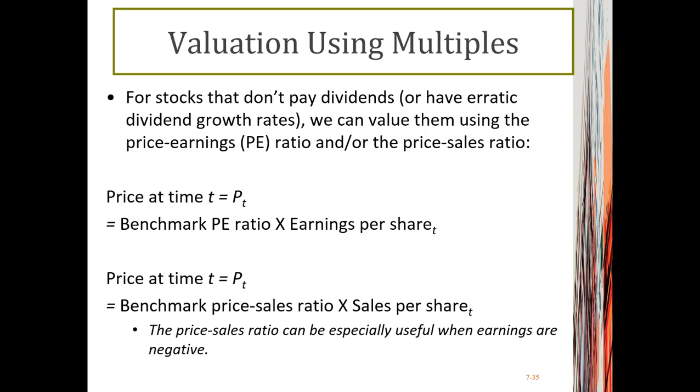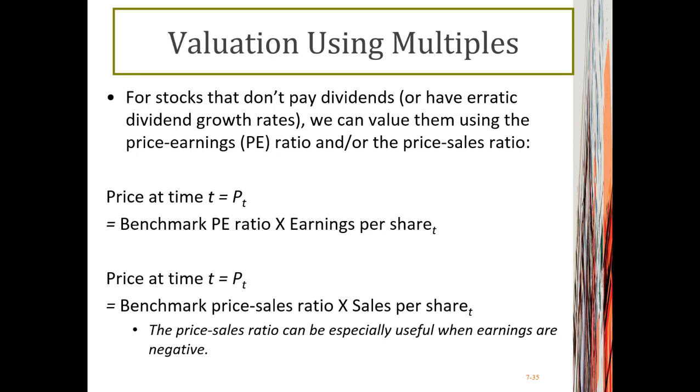In this case, it's virtually impossible for an investor to estimate future dividends based on the zero dividend that the company has for the current time period. And in this case, we have to switch to other methods.